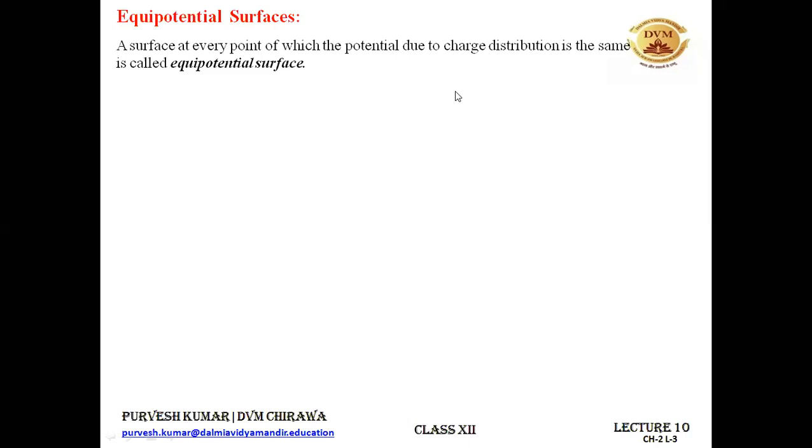So equipotential means equal potential. If there are surfaces on which the potential remains the same all over, so at every point on that surface the potential is the same, those surfaces are known as equipotential surfaces. On all the points of the surface, the value of the potential remains constant.